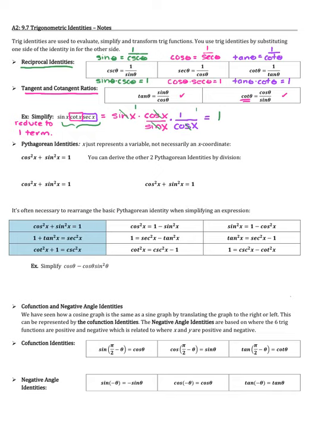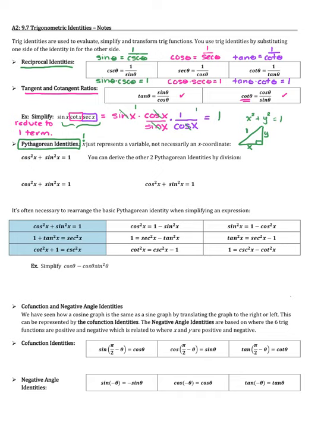Now the last identity here we're going to talk about in this first section are the Pythagorean identities. These are the most used identities. And you might have already seen these last year. We know that if you have a right triangle, and this is the x and this is the y, remember if this is the unit circle, so the hypotenuse is 1, we know that x squared plus y squared would equal 1.